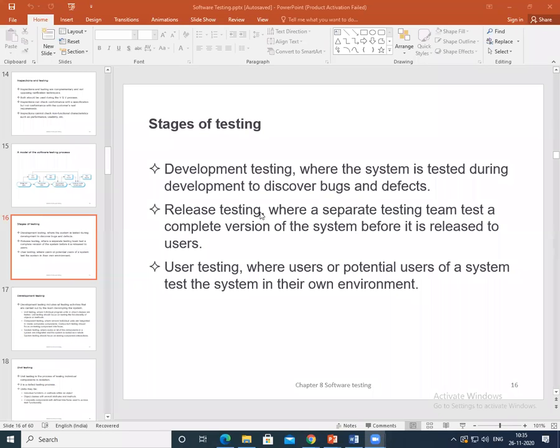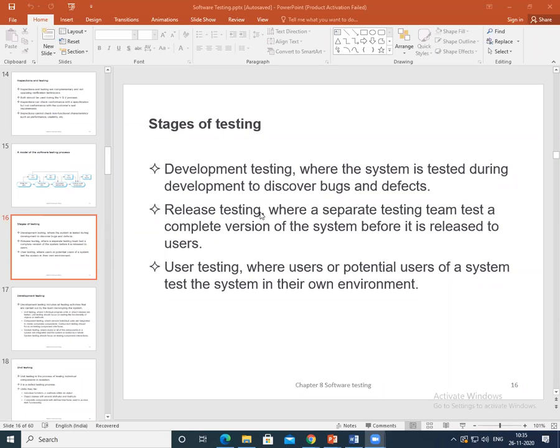System designers and programmers are likely to be involved in the testing process.